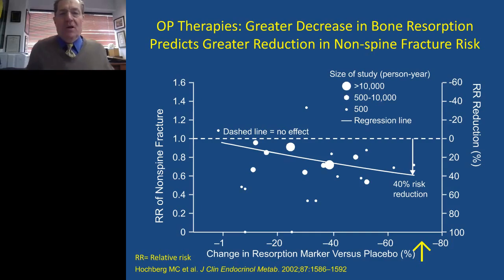Most of these were bisphosphonate studies, with alendronate, risedronate. The point of the slide is that it's not a true linear relationship, but there seemed to be some linear relationship between the magnitude of drop in the NTX in this particular study, a bone resorption marker, and the magnitude of reduction in fracture risk.